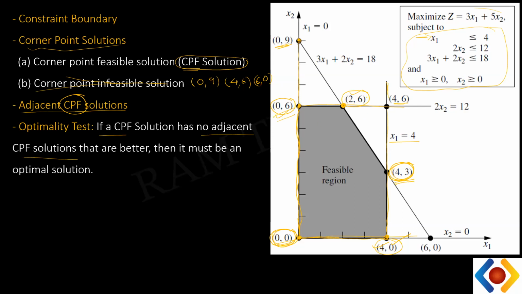While analyzing this, you will find the Z value for the adjacent CPFs. If both Z values of the adjacent CPFs are lower than the Z value for 2, 6, then we say this is the optimal solution. We will run through this algorithm step by step, and it will make sense.